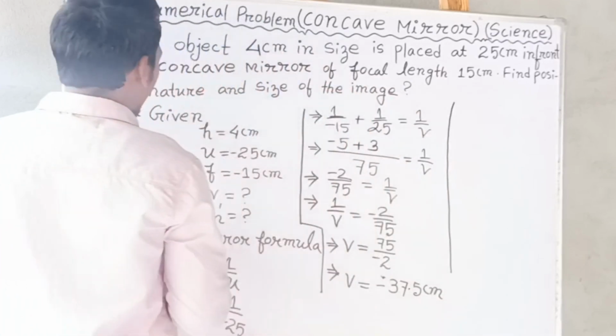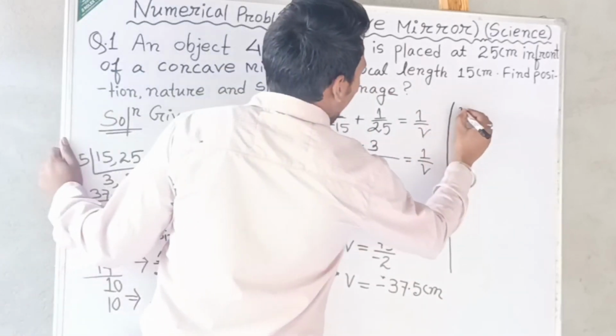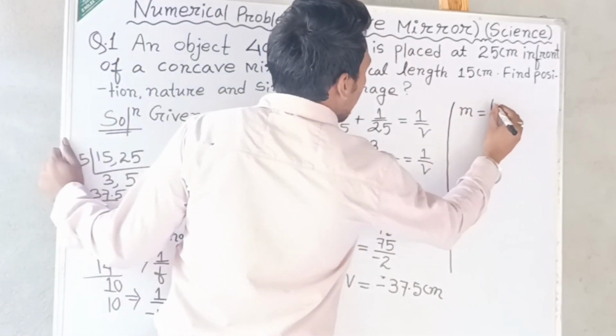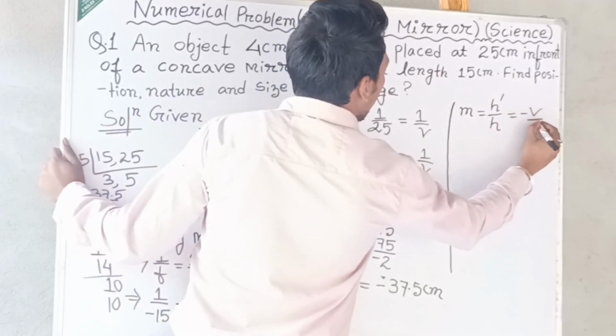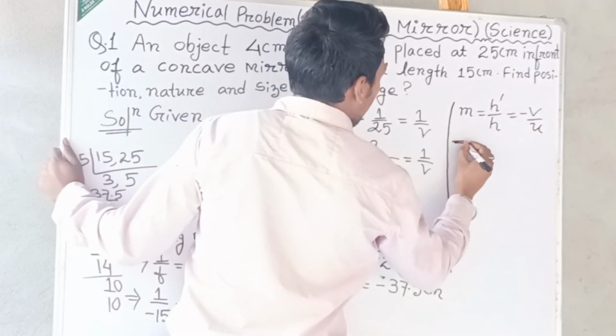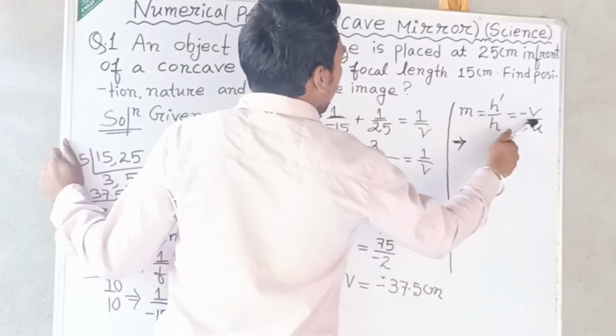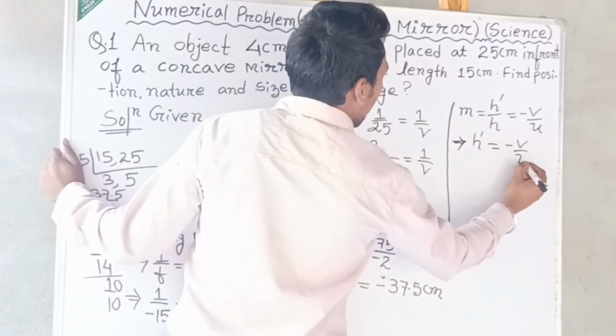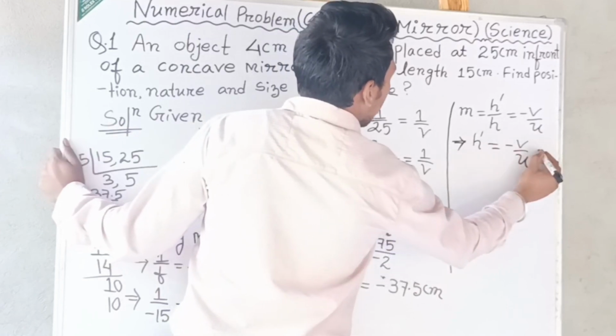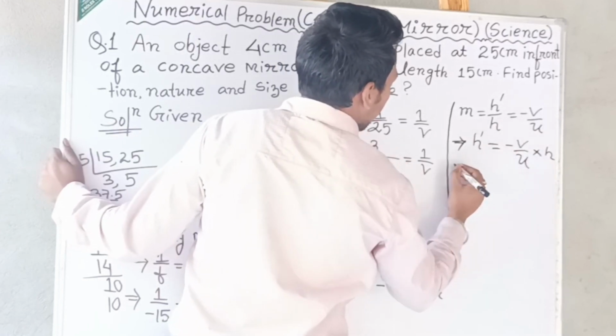Now in the next step, I'll find the h dash value, and we know the magnification formula m equal to h dash by h equal to minus v by u. So in the next step, I'll compare these two formulas. So h dash equal to minus v by u, and this h, if you take to the right side, then it will become multiply h.